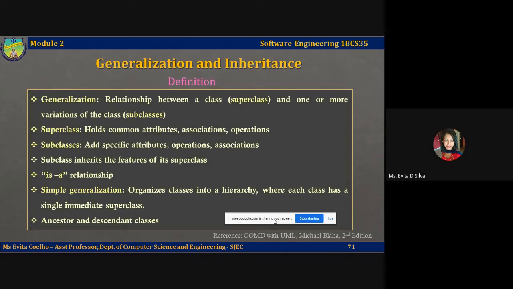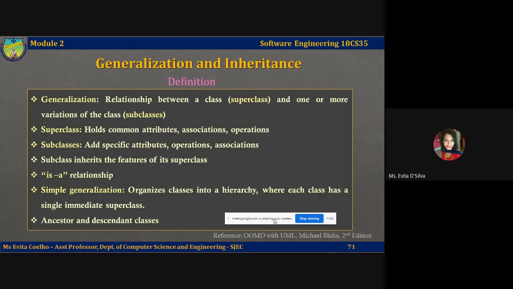Generalization is sometimes also called the is-a relationship because each instance of a subclass is an instance of the superclass as well. Simple generalization organizes classes into a hierarchy such that each subclass or derived class or child class has only a single immediate superclass.